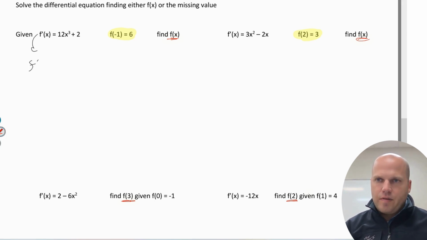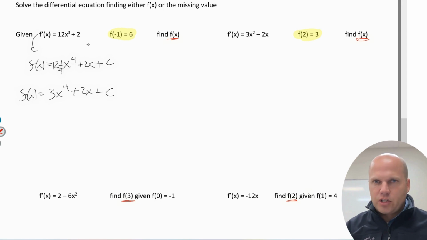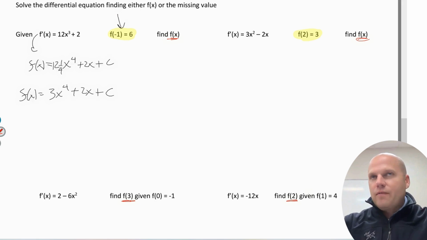You will take the antiderivative, and as long as you don't forget the key, which is making sure you have a plus c, you're going to be all right. If you forgot the plus c, you're not going to get the right answer, because we want the specific function that has this location. This is helping us figure out the original f that we're looking for.